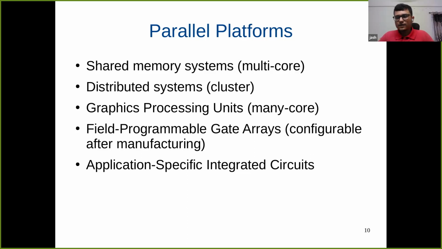A shared memory system might have a few tens of cores, while a GPU will have thousands of cores. In some sense, a GPU is also a kind of shared memory system, with its own RAM and some registers and other things. But by and large, it's in a different category.